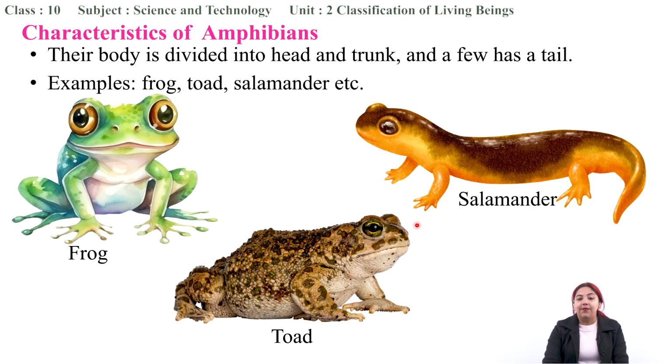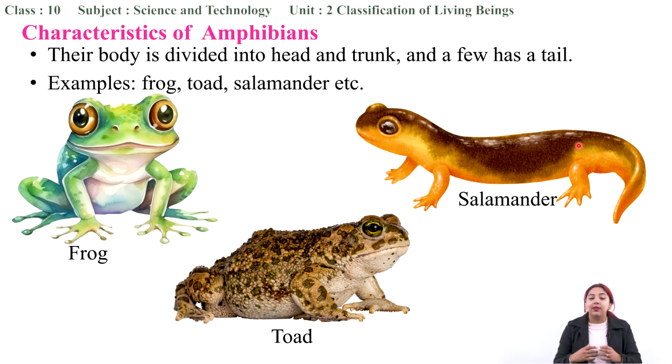Now, the body of amphibians is divided into head and trunk, but there are a few amphibians that also have a tail, as you can see here. The frog only has head and trunk. This toad only has head and trunk, and we have the salamander. You can see it also has head and trunk, but this amphibian also possesses a tail.